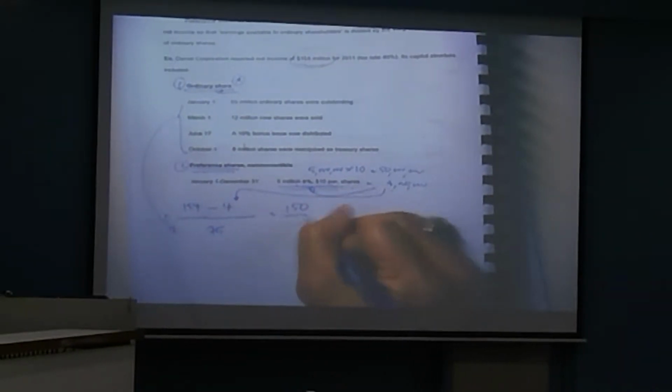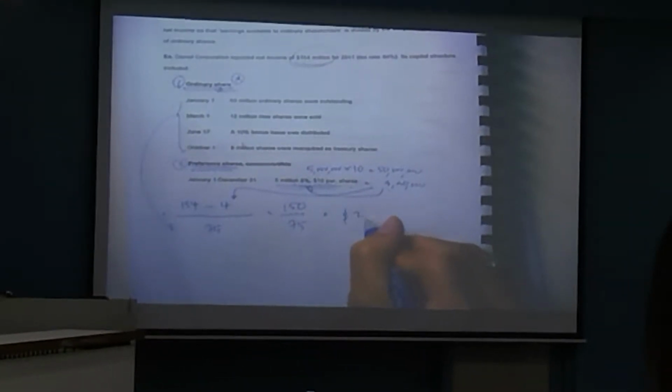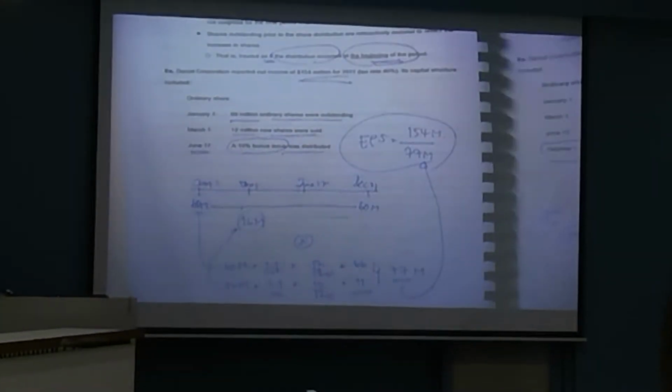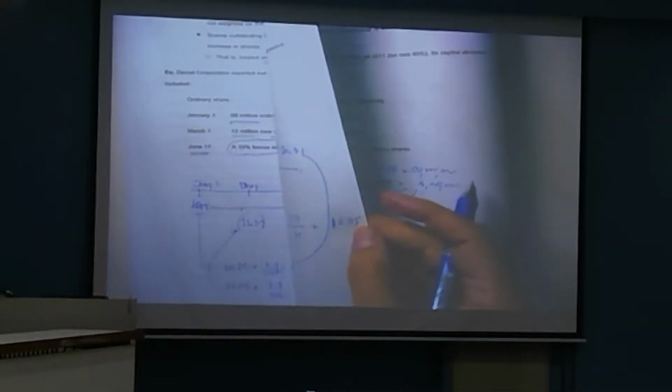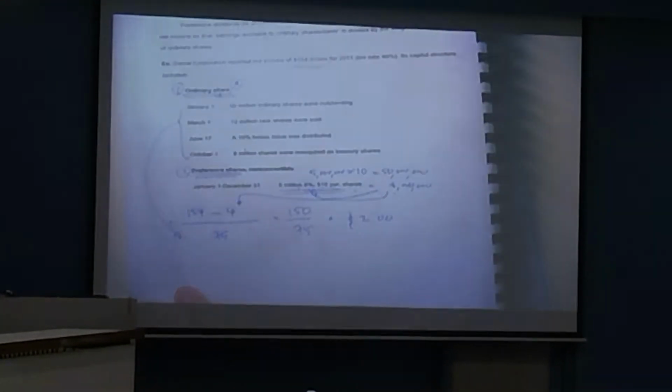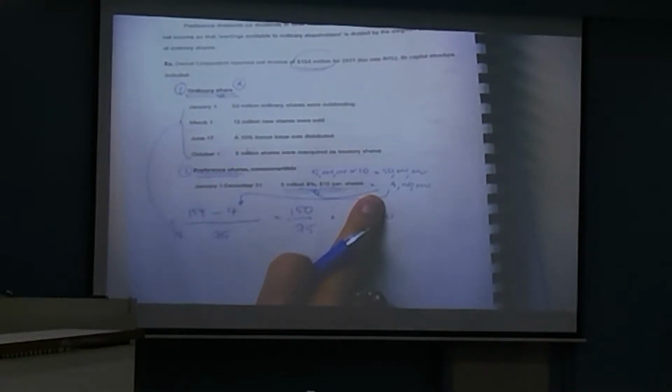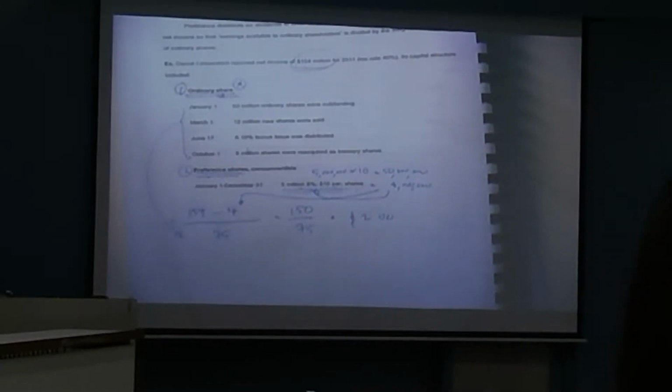You got 150 over 75. So you got $2 per share, which is different from the previous page. You got 2.05 right here. Now you got only 2 because part of your profit is supposed to be paid to the preference shareholders. That's the way it is.